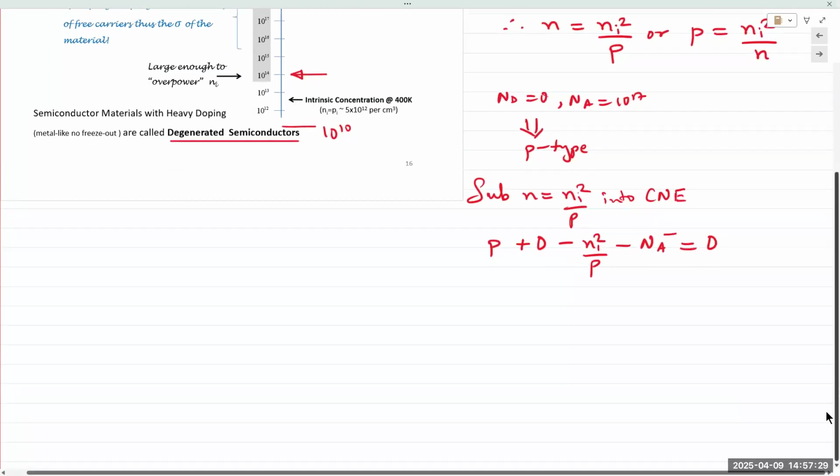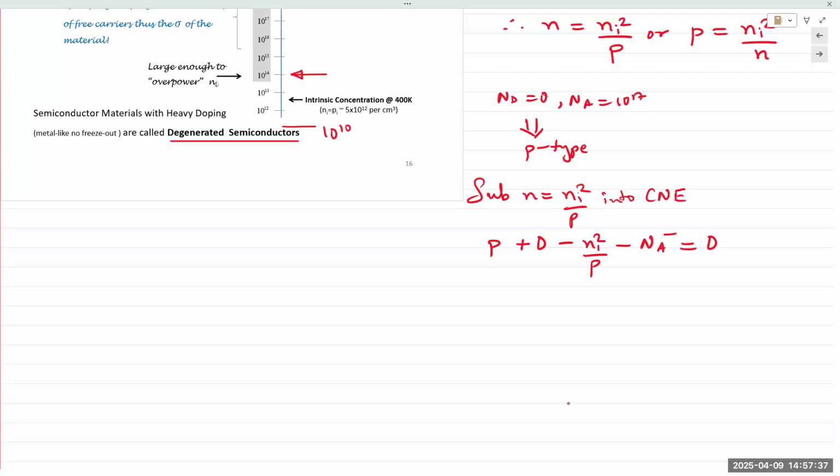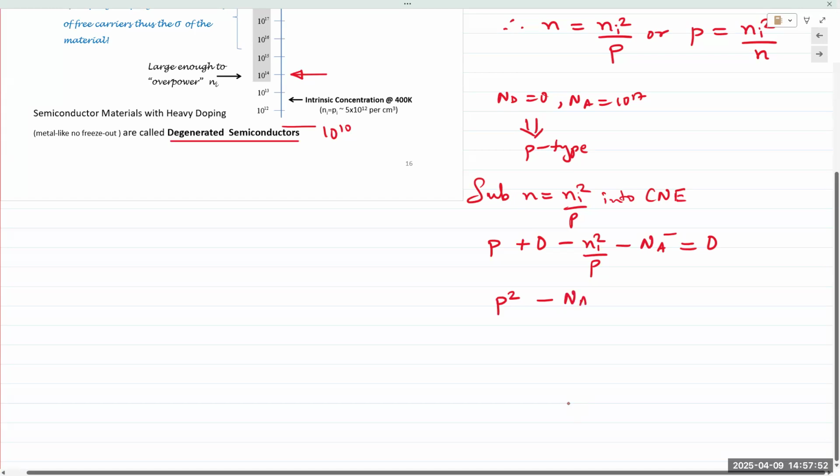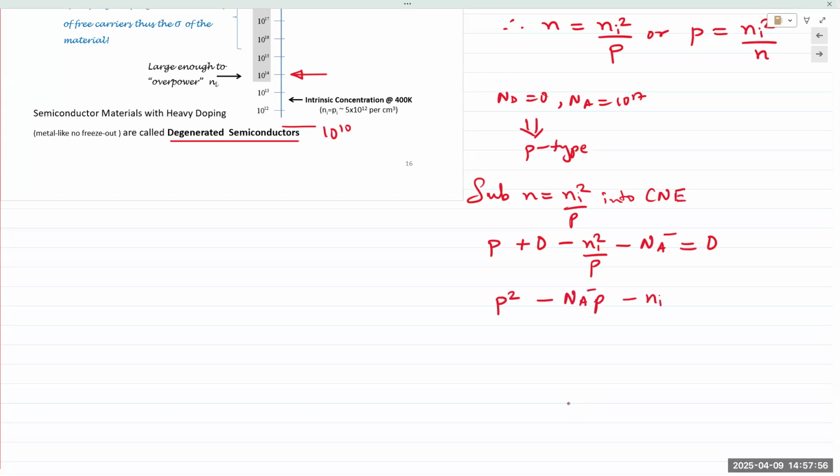The plus and minus sign doesn't matter. The book uses a minus sign, so I'm using the minus sign on the NA. Otherwise, it doesn't matter. It's just an indicator that it's an ionized atom. That's all. Now, I'll multiply the entire equation by P. I get P squared minus NA P minus Ni squared is equal to 0.